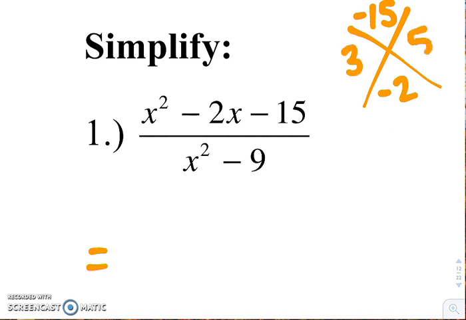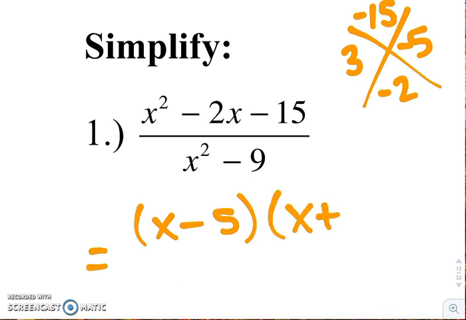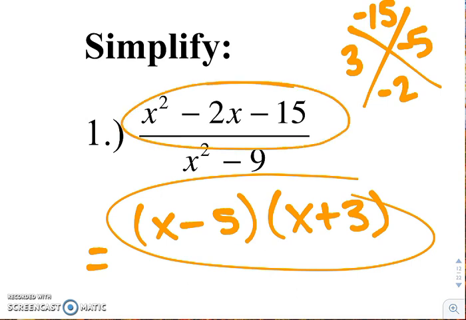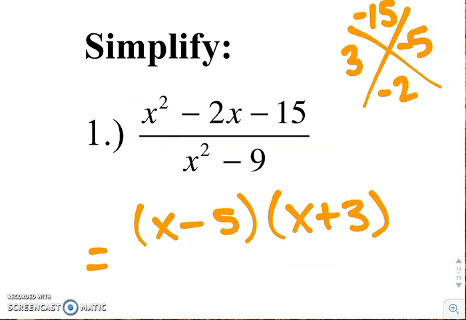Well, 3 and 5. If our bottom number is negative, the larger number is negative. So the top will become x minus 5 and x plus 3.